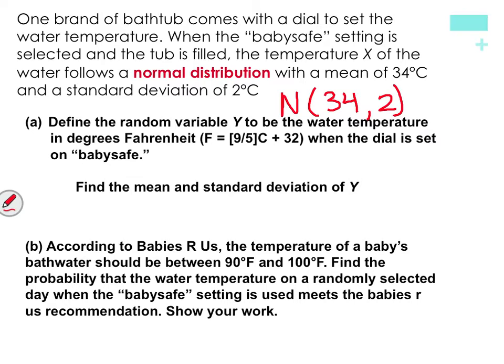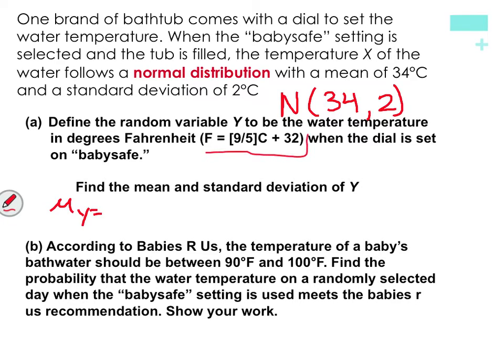Okay. So we're going to define a random variable y to be the water temperature in degrees Fahrenheit when the dial is set on baby safe. First, we're going to find the mean and standard deviation of y, okay? So the mean is going to be affected both ways, right?